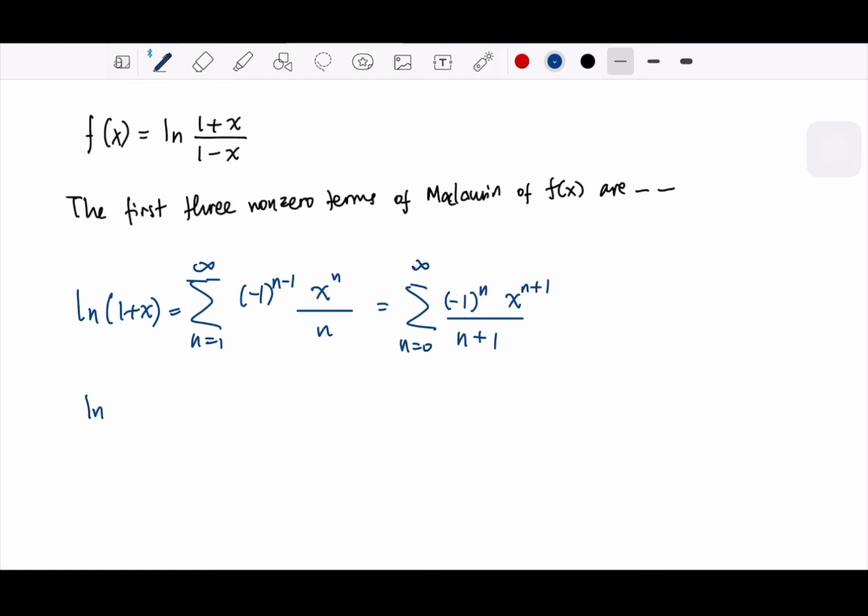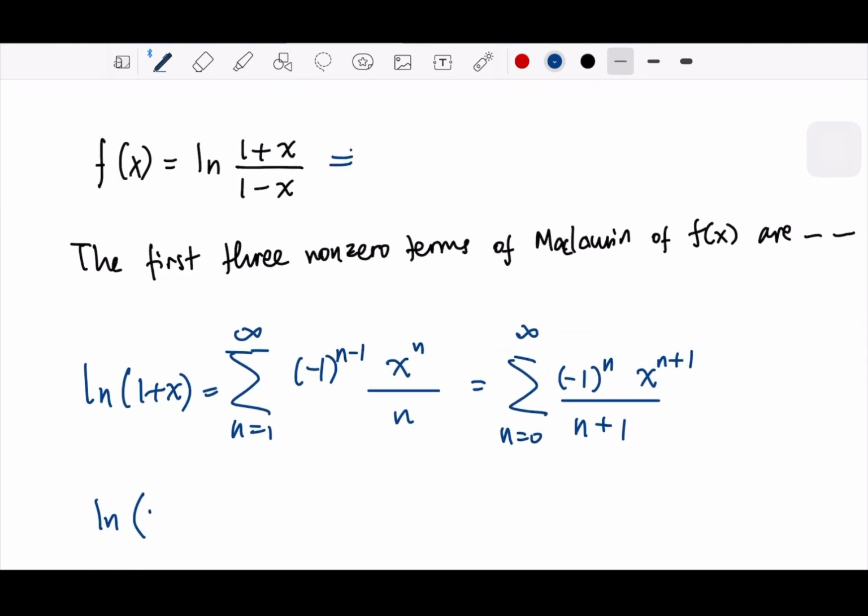So we just added the ln, because ln we can rewrite this as minus, right?